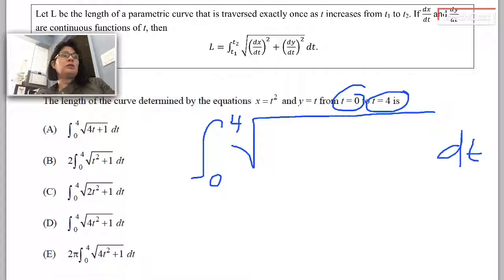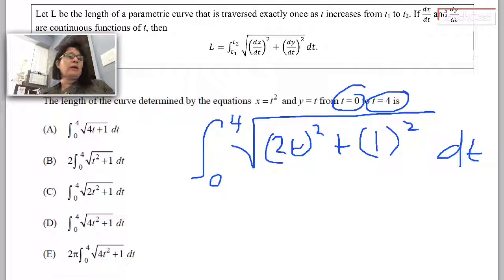So the derivative of x equals t squared is 2t, but that all has to get squared, plus the derivative of y with respect to t, which is 1, but that has to get squared. You could leave this answer on the free response section, but notice it's simplified to choice D here.